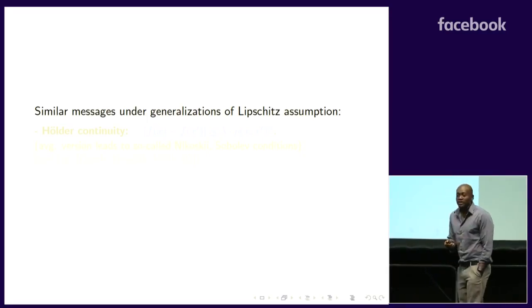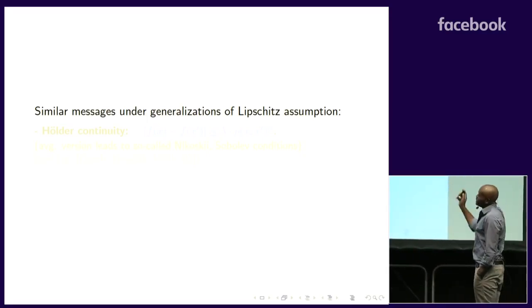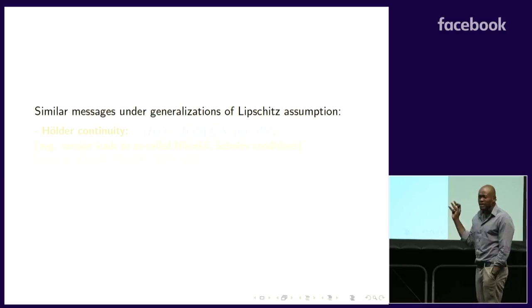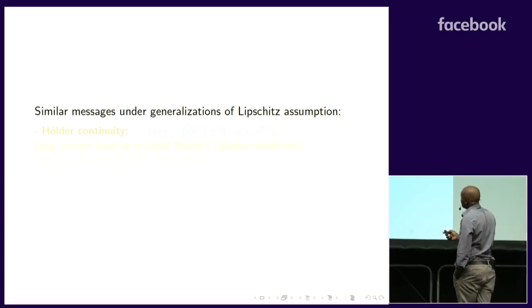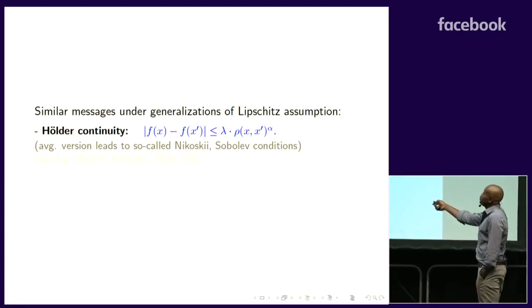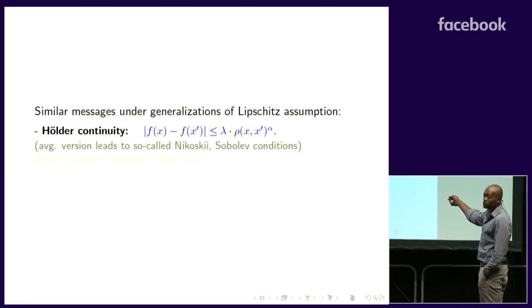You can show similar messages on the generalizations of the Lipschitz assumption. And there are many such generalizations of the Lipschitz assumption. I won't go too much into them. The main thing is you might start by just generalizing the Lipschitz condition to a so-called Hölder condition. In the Lipschitz condition, we just had alpha equal to 1 here. You might change that to any alpha.